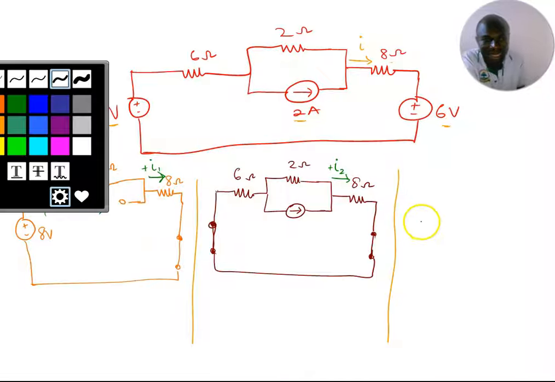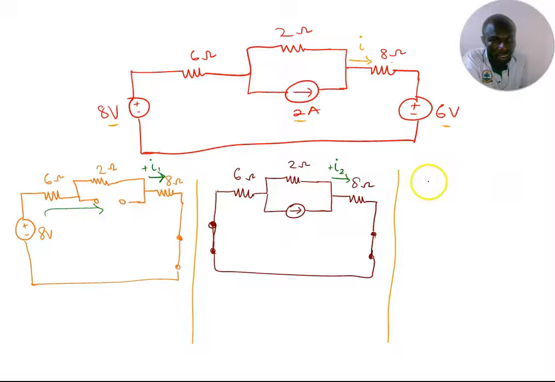But let's look at the last one. We are maintaining the 6 volts battery source. Do you get it? So with that one, I have my resistor here. Then we have a resistor top there. But because this is a current source, I'm going to open circuit that part.